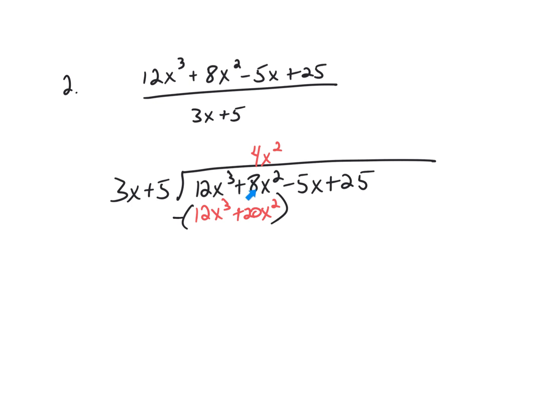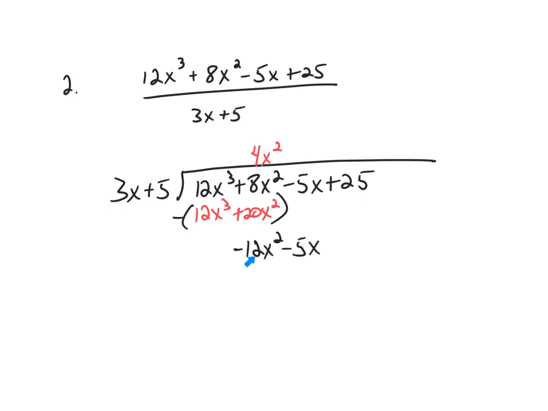Over here now, it doesn't say 8 plus 20. It says 8x squared minus 20x squared, and 8 minus 20 is negative 12. So I'm going to write that as negative 12x squared. And then I'm going to bring down my minus 5x. Now I come back to here, and I'm dividing 3x into negative 12x squared.